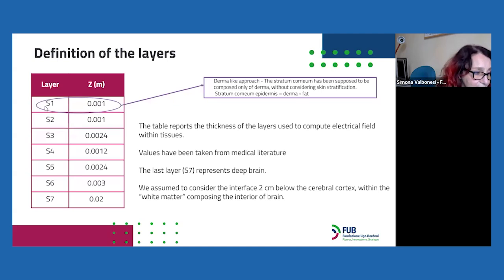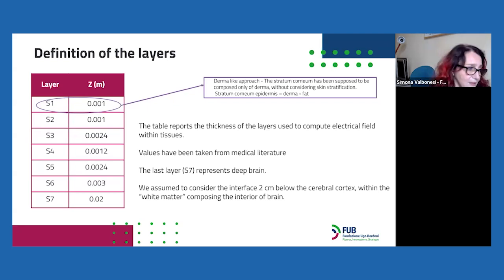The first layer has been treated in a particular way. Usually in numerical models, the stratum corneum is considered with a very small thickness, inferior than a millimeter.